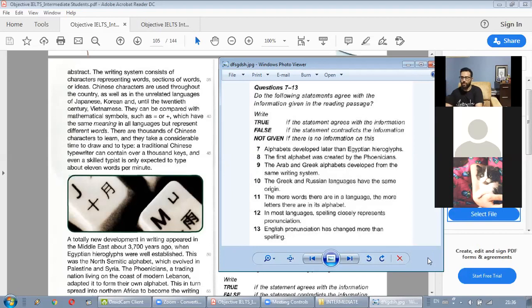Whenever you want me to scroll, just let me know and I'll scroll. Yes, scroll down.